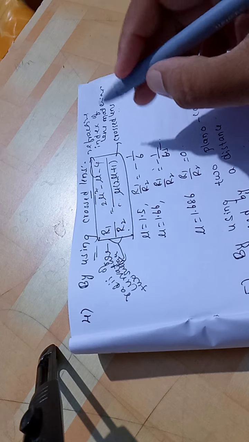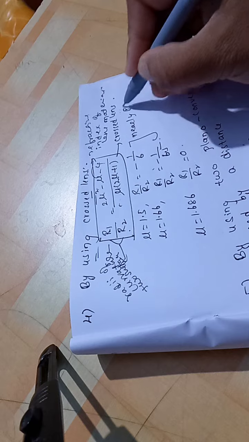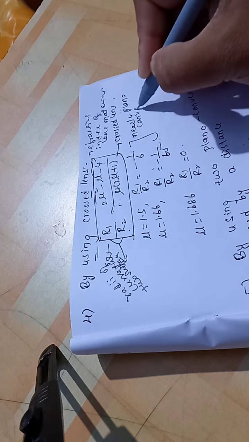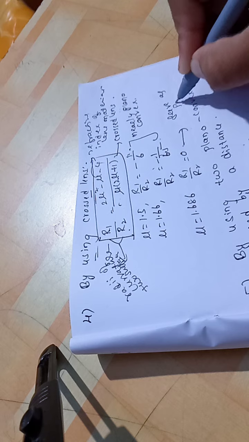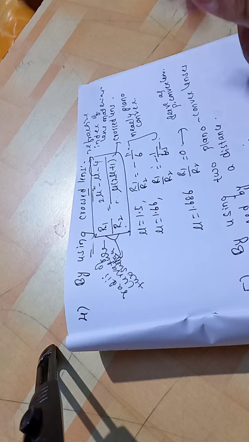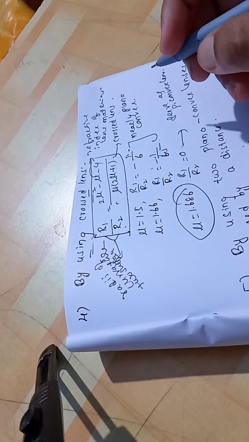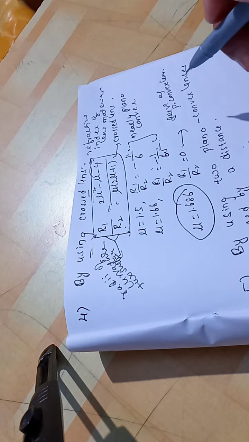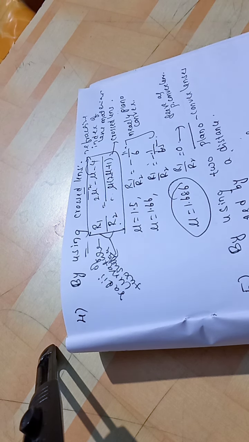So the crossed lens is nearly plano-convex in the first two cases, but in the third case it totally serves as a plano-convex lens. So we have to choose mu equal to 1.686 so that it serves as a plano-convex lens, and we will use this to reduce the spherical aberration.